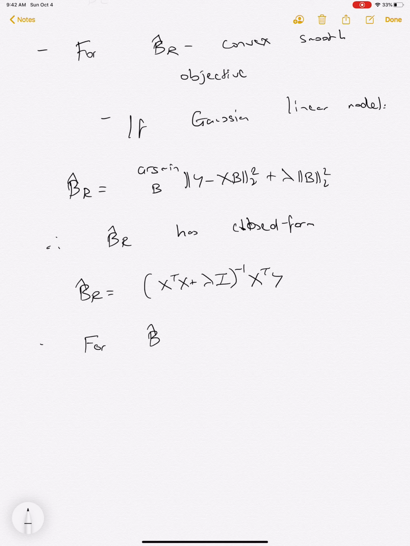For beta hat L, the objective is convex but not differentiable. So this presented some different algorithmic challenges.